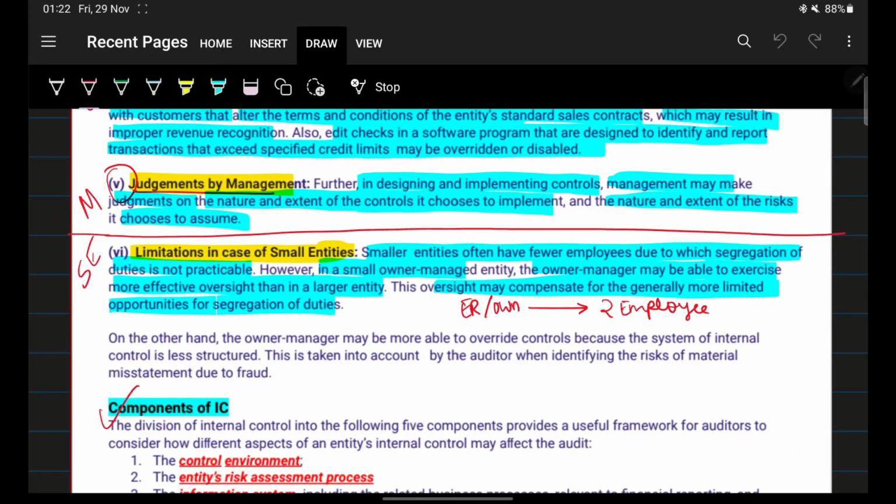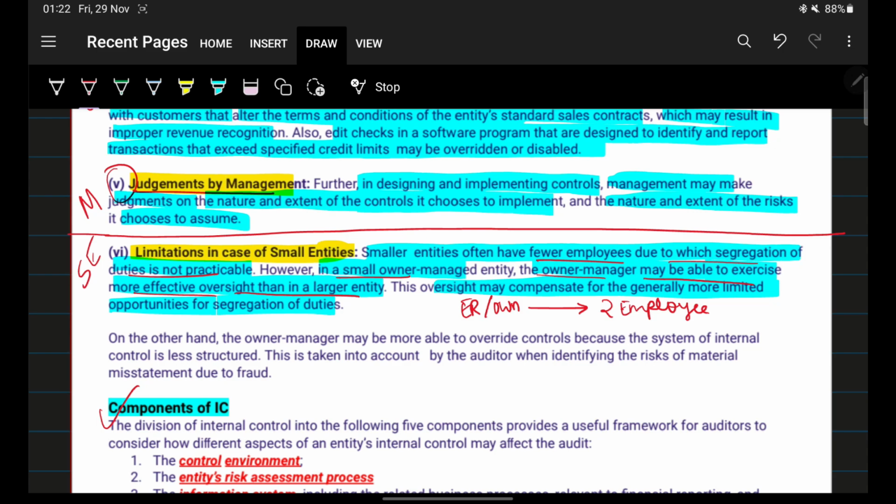Here, smaller entities often have fewer employees, due to which segregation of duty is not practical. It is the same, not practicable, not possible. Next, however, in small owner-managed entities, the owner manager may be able to exercise more effective oversight than in a larger entity.